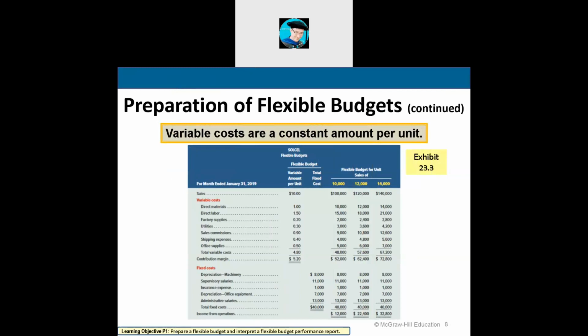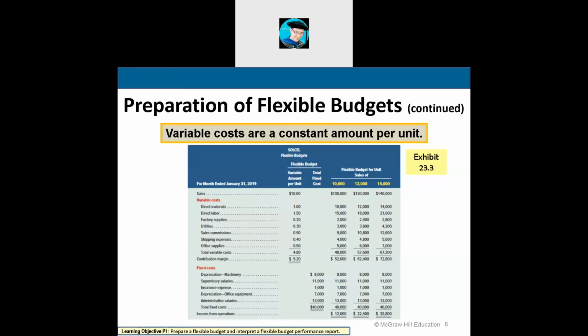So here's what a flexible budget might look like. Think of it like low, medium, high. This is an example of a flexible budget.